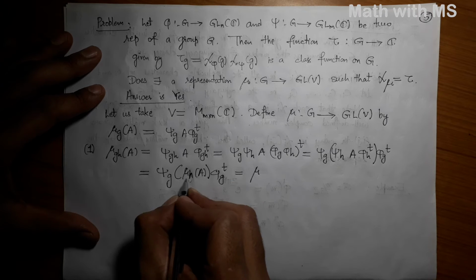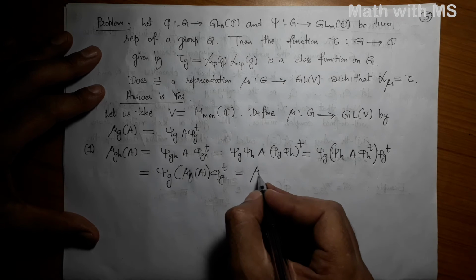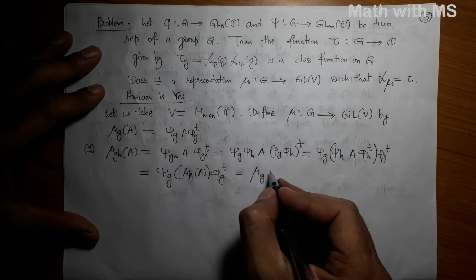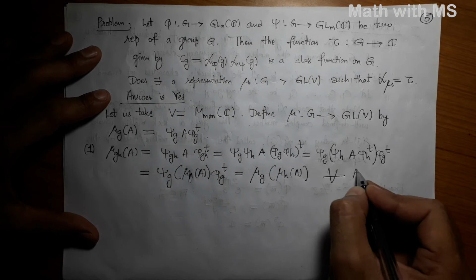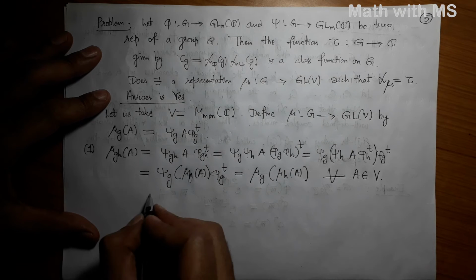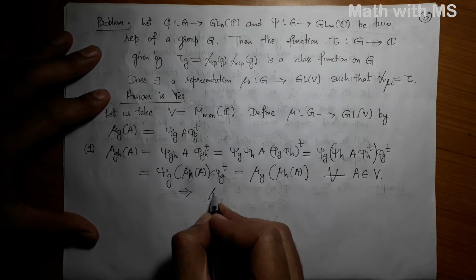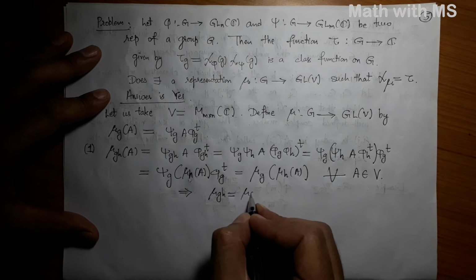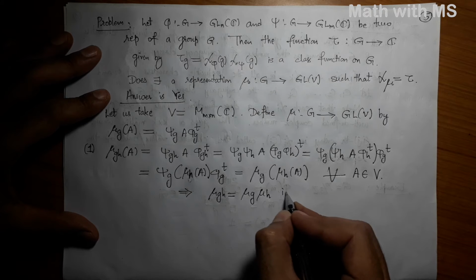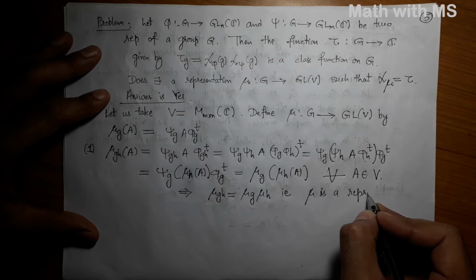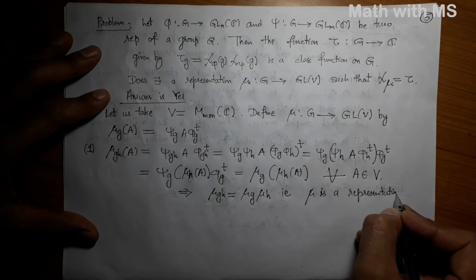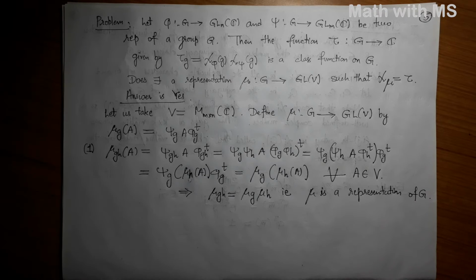So if I view this psi(h) A as an element here in V, then this is just the same as mu of g acting on this element, that is mu of g acting on mu of h acting on A, and this happens for all A in V. This implies that as functions, mu of gh is the same as mu of g times mu of h, that is, mu is a representation, a homomorphism. Okay, so we have got a representation of the group G.